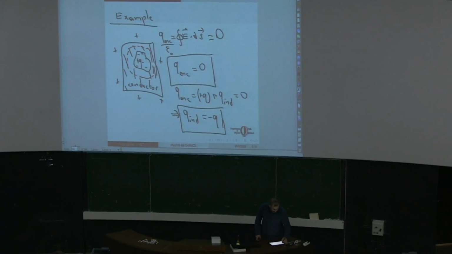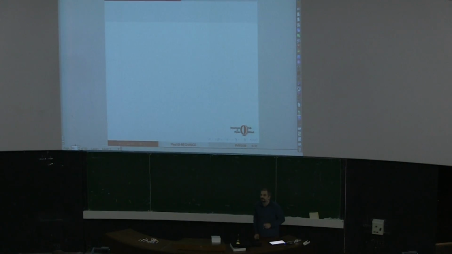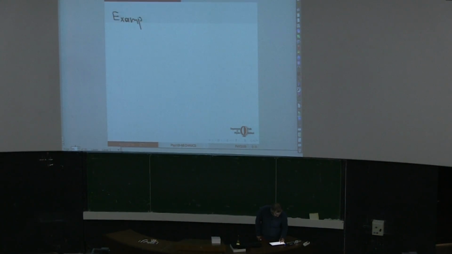Now, in the next hour, we will start with, let's say, an infinitely long wire with a linear charge density lambda, charge per unit length. And we will calculate the electric field.